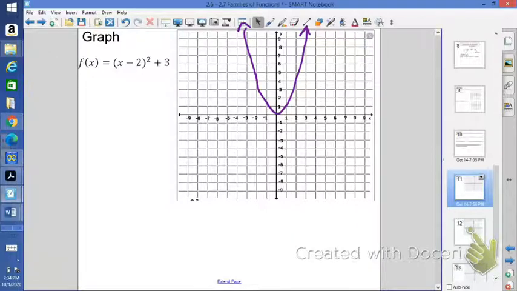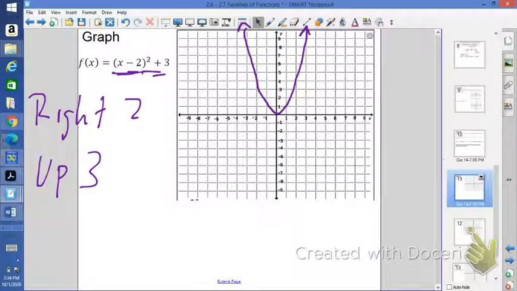So the vertex is at the origin, 0, 0, and its shape looks like a U. Add to the x, go left. So if we subtract from the x, like we're doing here, we're subtracting 2, we go right. So right 2. And then we add to the y, we go high. So up 3.